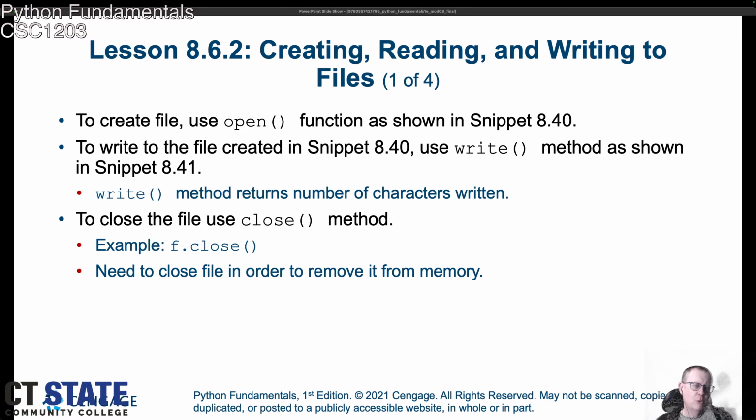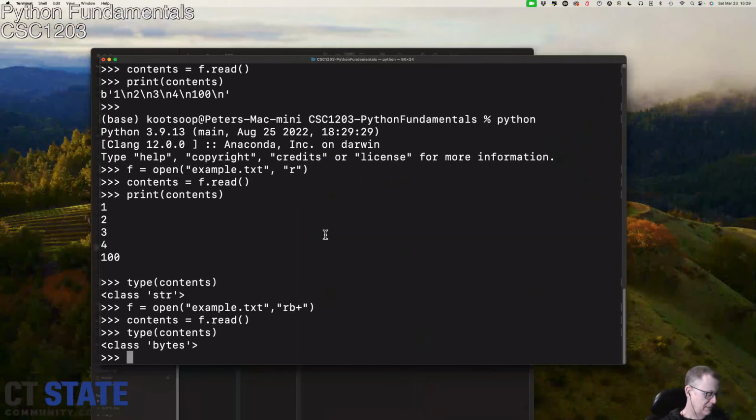The other operation you probably want to do is to write a file, right? You might want to also close the file when you're done, right? So I can write this file, and I'm just going to make it a text file.